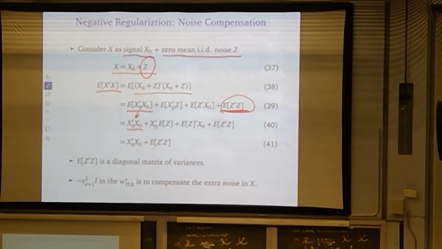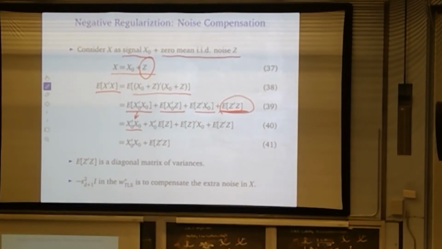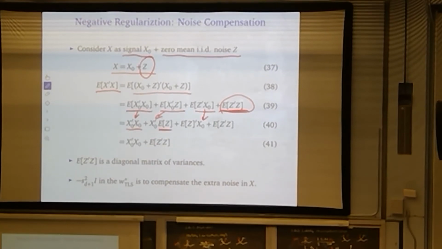It's just the amount of noise you have. And the cross term, because z and x0 are independent of each other, and x0 is actually constant, not a random variable, I can take it out, and we know the Gaussian is zero mean, so these will be zero.